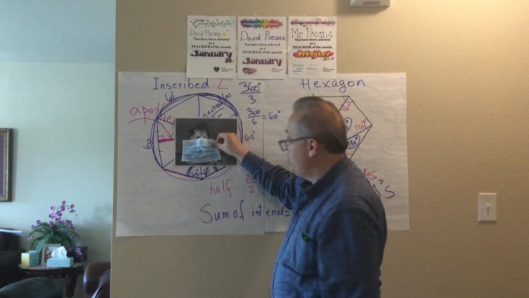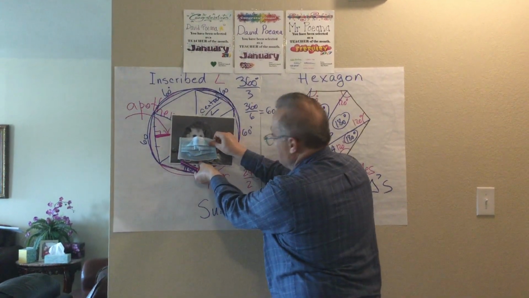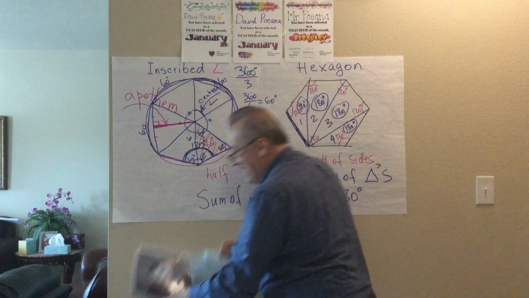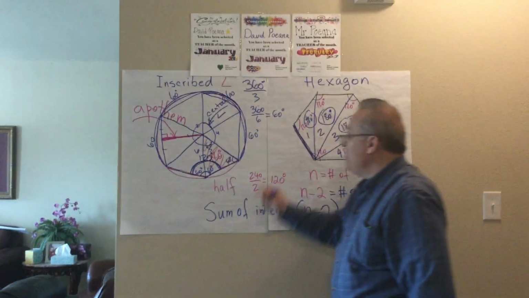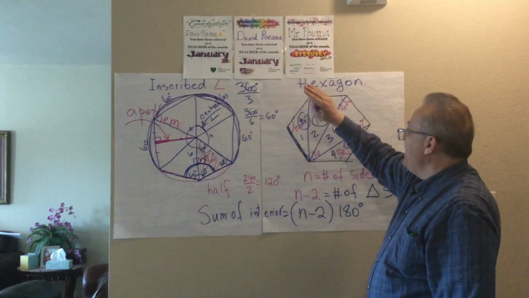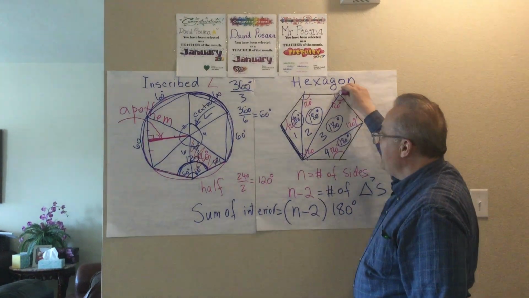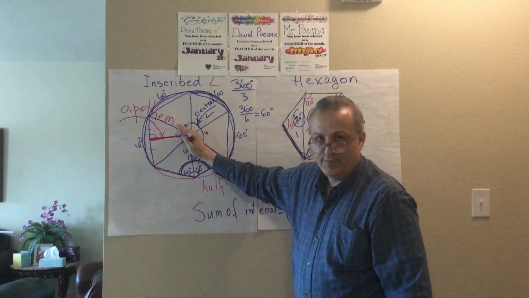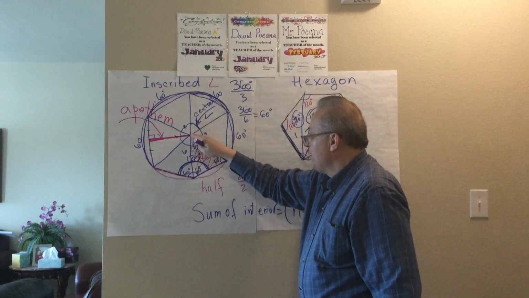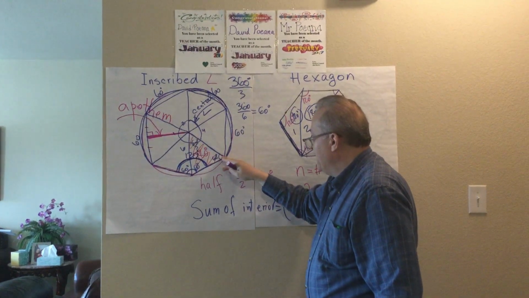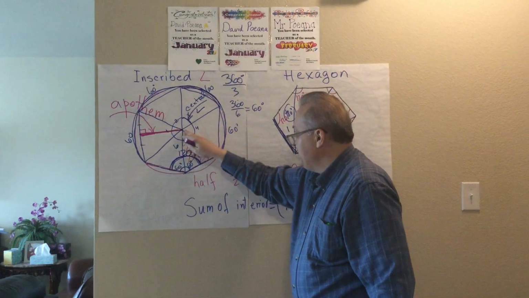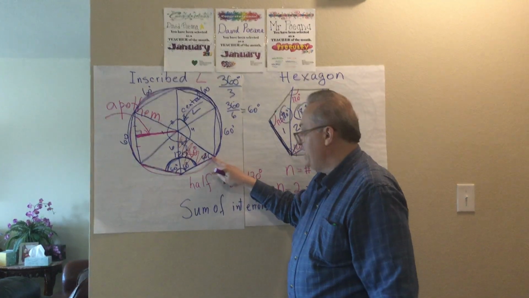Students, this is my classroom. Welcome back to my classroom. We've been talking about inscribed angles inside a hexagon. I took the hexagon, put it inside here. This side is equal to the radius.